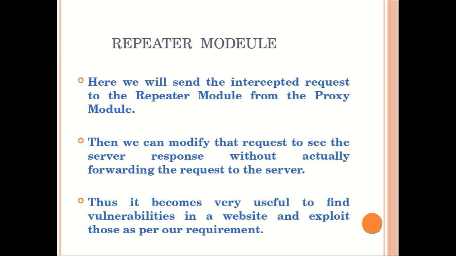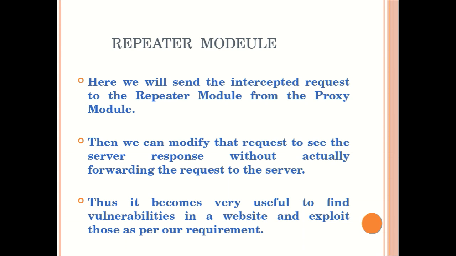In this module, after we intercept the request, that particular request will be sent from the proxy module to the repeater module. Then we can modify that request any number of times to see the server response without actually forwarding the request to the server. We'll modify a particular request, send it and see the response, and again modify it and again see the response.